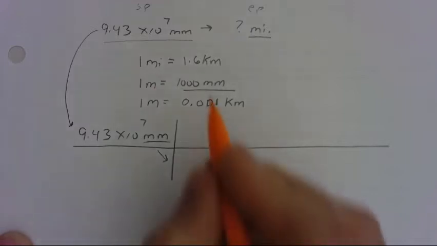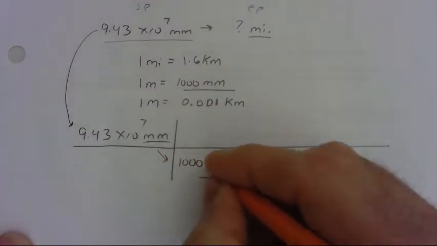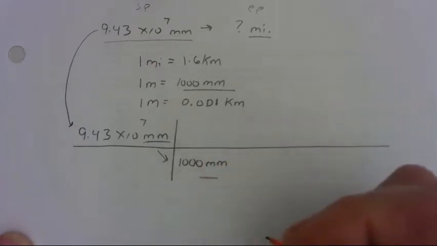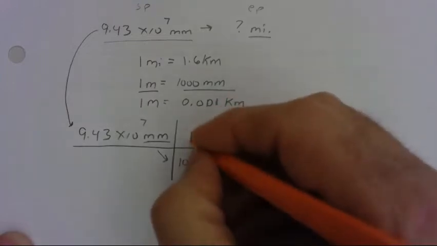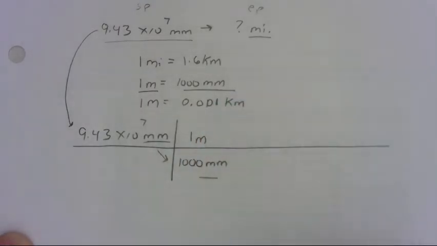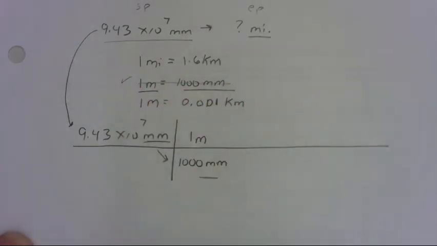They're right there. So I take that whole thing, number and all, so 1,000 millimeters goes there, and whatever it's equal to, in this case 1 meter, goes on top. All right, whatever it's equal to goes on top.